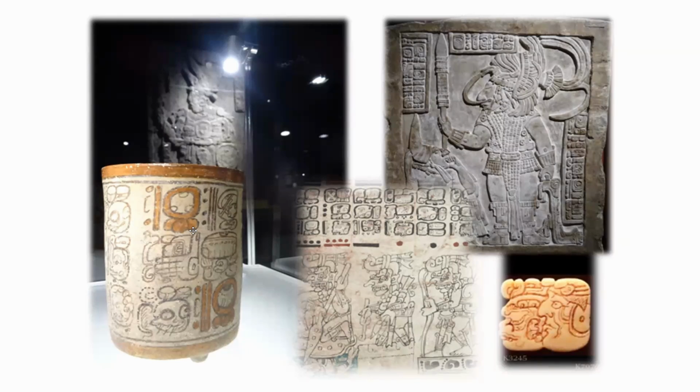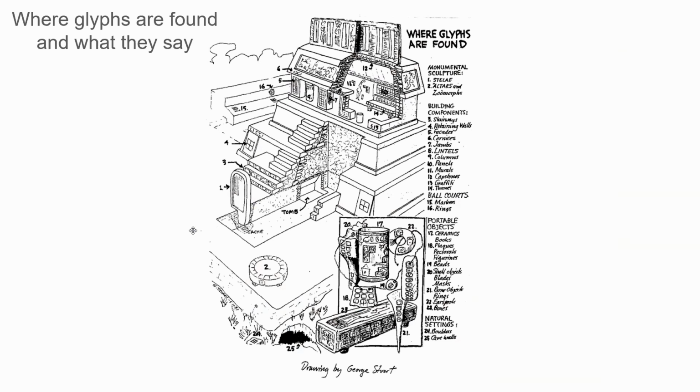And also these are quite small ornaments from the body that were found in burials. Well, these things here, that one and that one, come from burials. And this is an abstract overview of all the places where hieroglyphic texts were found in a context. Here, a temple pyramid, a stela in front of the pyramid, an altar associated with either the building or the stela.